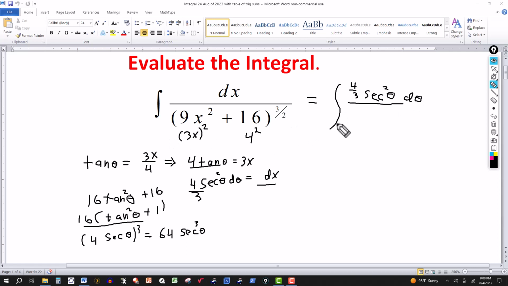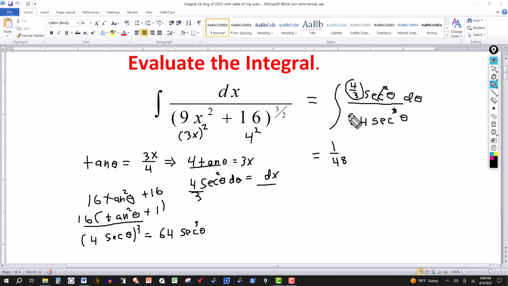And then in the denominator we have the 64 secant cubed theta. So this is going to cancel with 2 of these. It's going to leave me 1 here. And then 4/3 divided by 64, invert and multiply. 4/3 over 64 is 1 over 48. So this is going to equal 1 over 48 here.